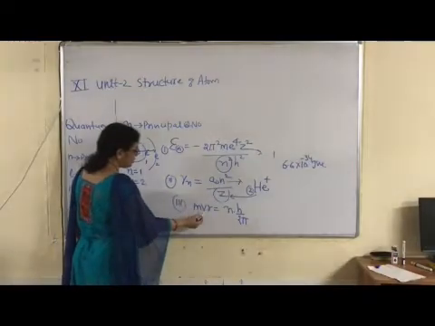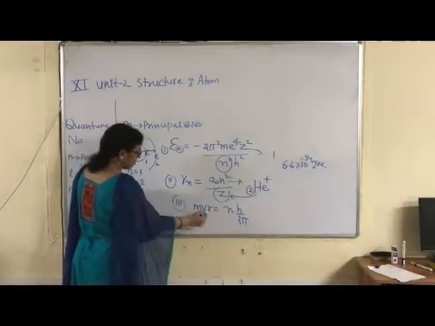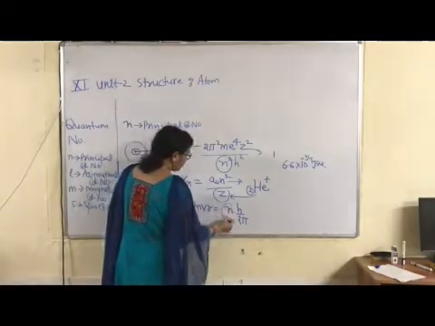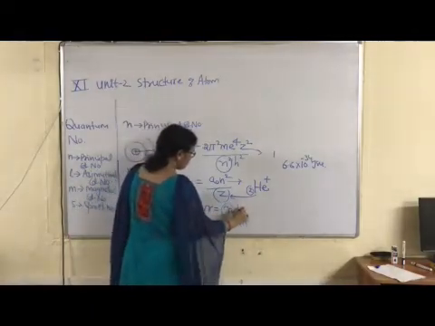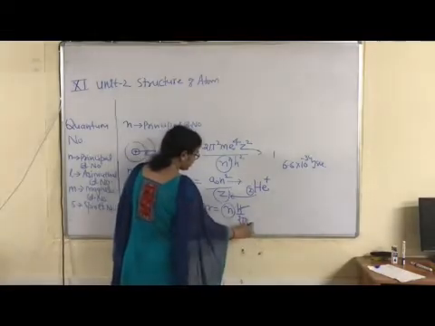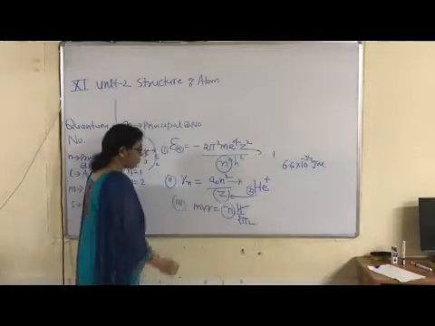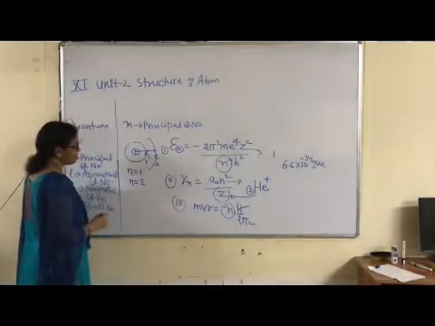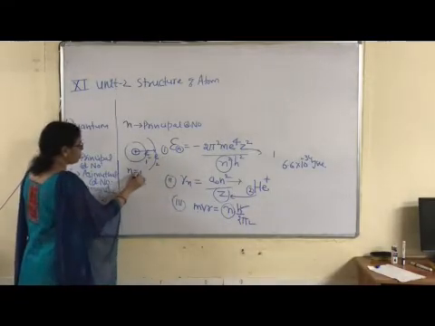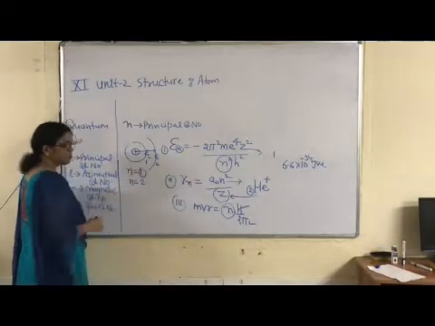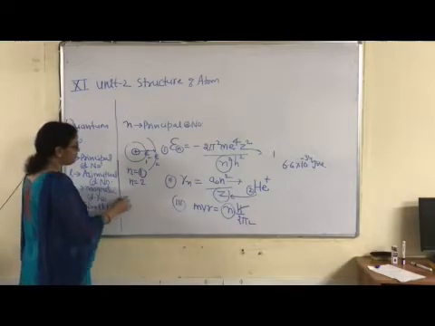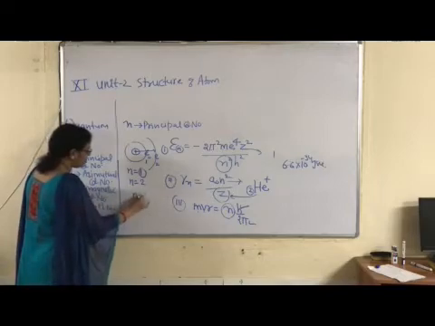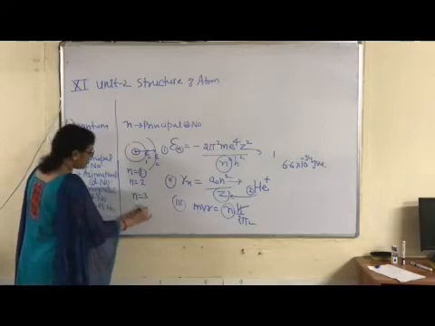Here m is the mass of the electron, v is velocity, r is the radius of the orbit, n is the principal quantum number, h is Planck's constant, and pi is a constant. We can calculate the angular momentum of the moving electron. Children, the first value of the principal quantum number starts from 1, then 2, and it increases in this order: 1, 2, 3, 4, like this.